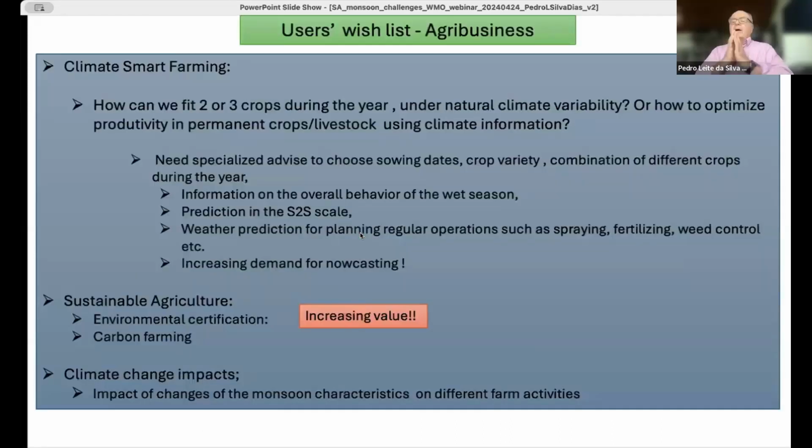I'd like to talk about predictability from the user's point of view and from a researcher's point of view. As a user, I actually identify myself as a user because besides being a professor, my wife and I run a coffee farm for over 30 years now.